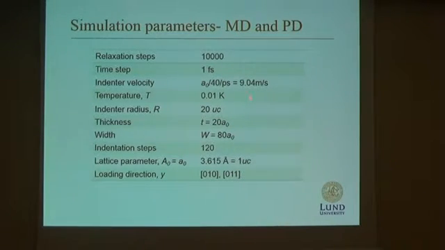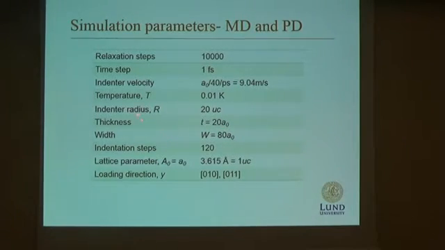The most interesting parameters here are, of course, the dimensions and the thickness. Sorry, we should start with the lattice parameter. Since we have copper here, this is the lattice constant for copper, and then the dimensions of the thin layer: we have a width of 80 A0, which is the lattice parameter, and 20 A0 is the thickness.